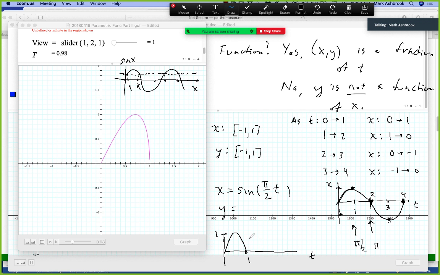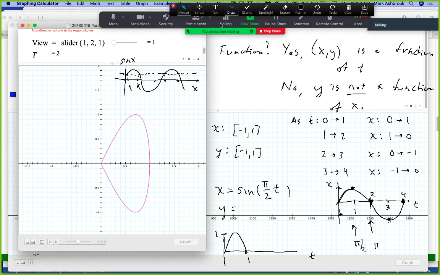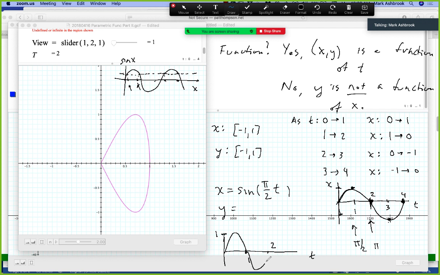And then when t goes from 1 to 2, what's going to happen? Y is going to go down to -1 and back to 0. So what is this function?